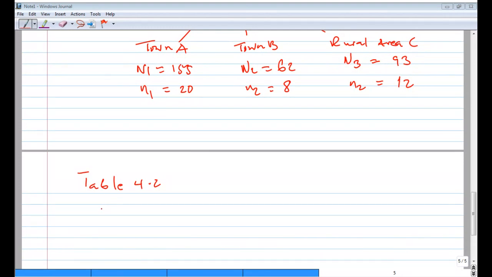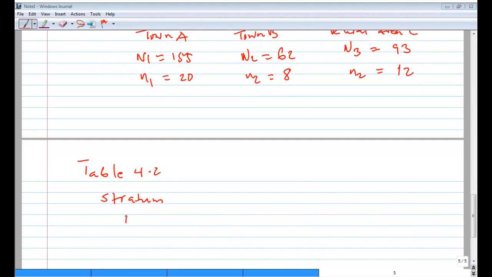We have been given the stratum. In other words, it's town A, town B, and rural area C. There are 3. So it's 1, 2, and 3. Okay. Then sample sizes. Then the number of households viewing show X. Let me just call it X.